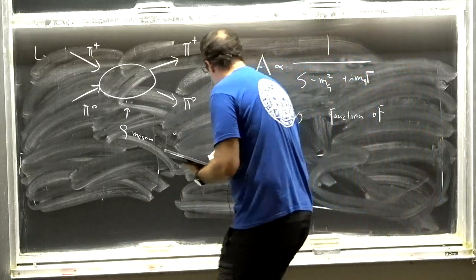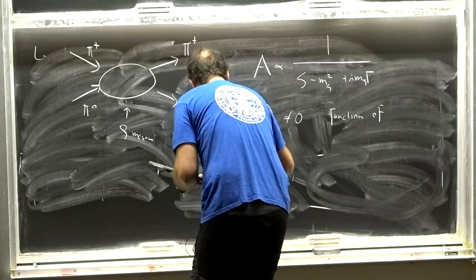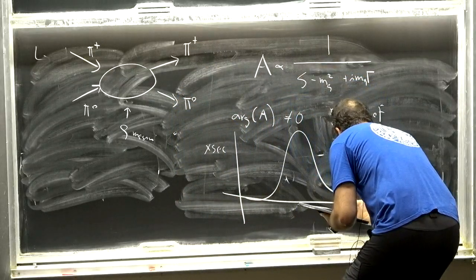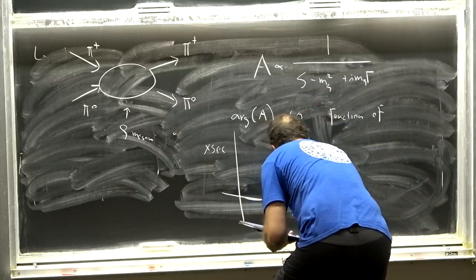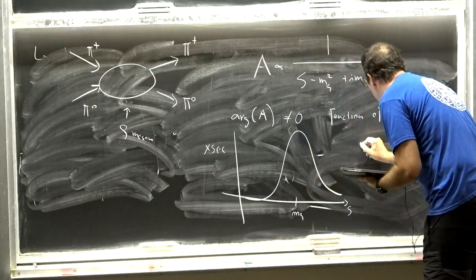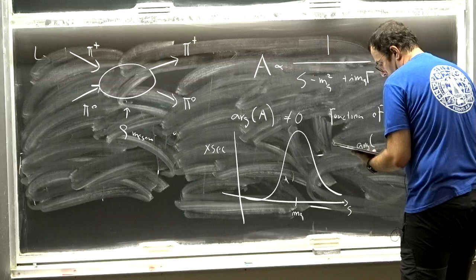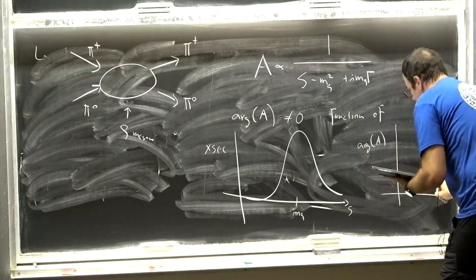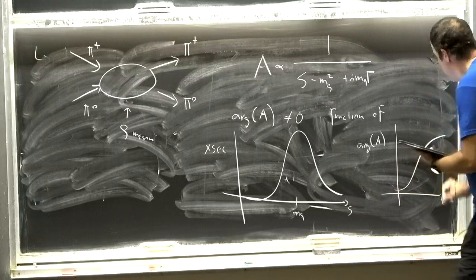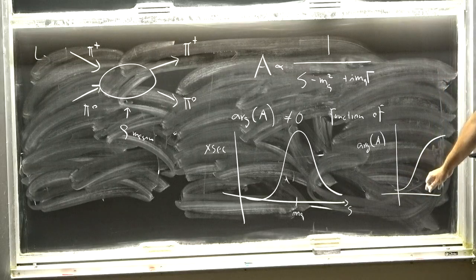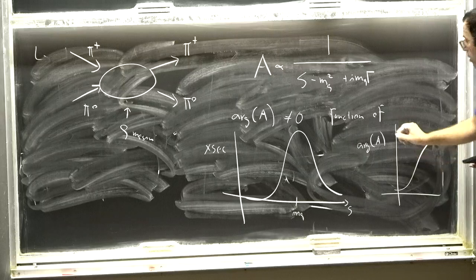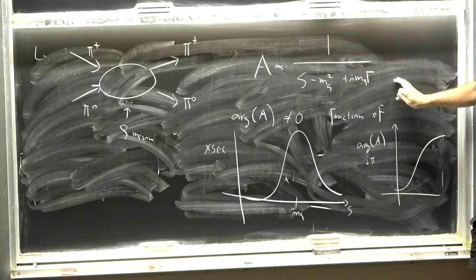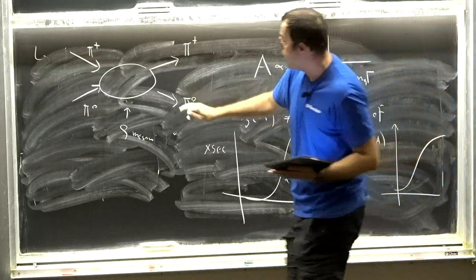Right? So if I look at the cross section, it looks something like this. We have a resonance at the mass of the rho, but also the argument of this amplitude, which I call the strong phase, is non-zero. It goes from 0 to pi, plus pi. All right? So this thing has a phase. It comes from the rescattering.